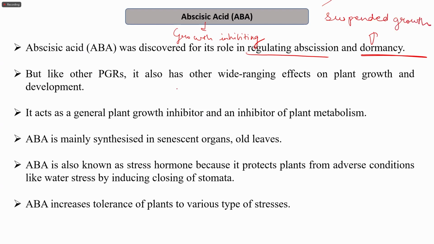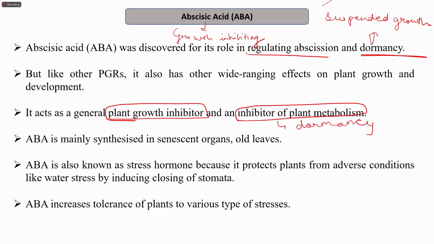But like other PGRs, it also has other wide-ranging effects on plant growth and development. It acts as a general plant growth inhibitor and an inhibitor of plant metabolism, resulting in dormancy.